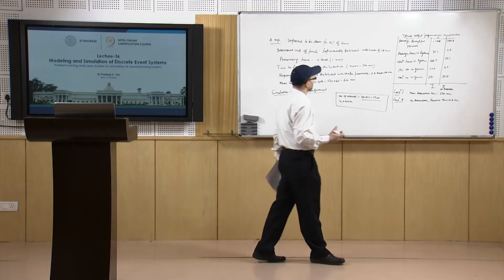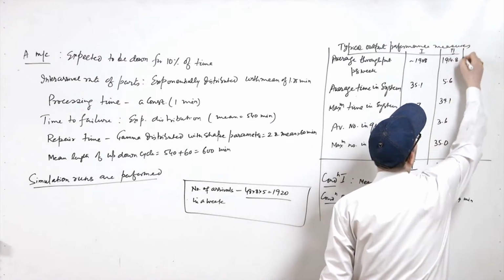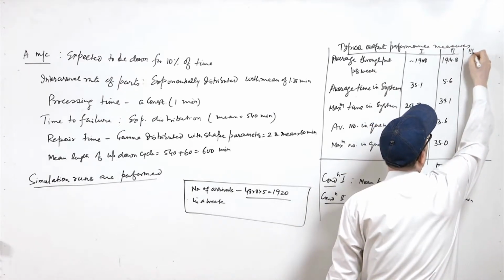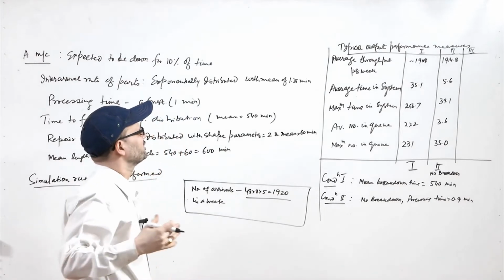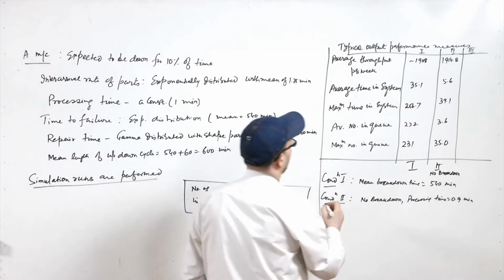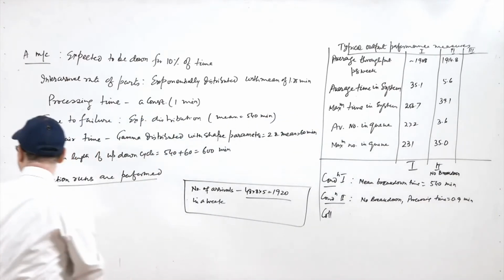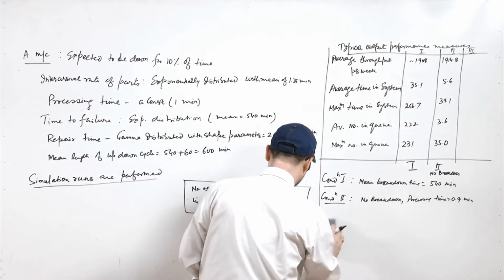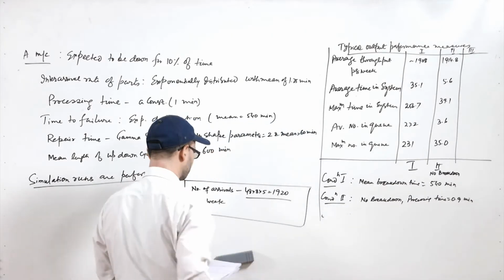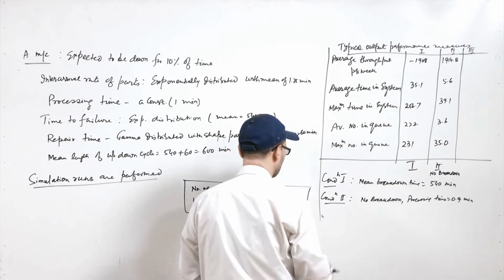Similarly, it has further been reported that if you have another condition, condition 3, where again you have 5 independent simulation runs, the condition is different. In this case the mean breakdown time is changing from 540 to 54. So, in that case what happens? It is coming from 540 and going to 54.